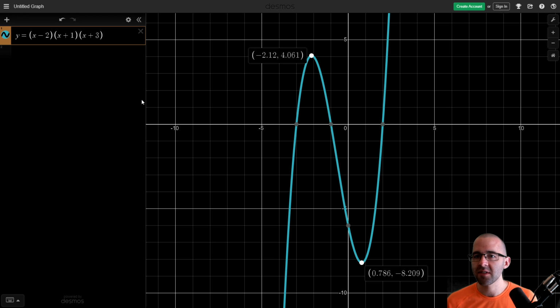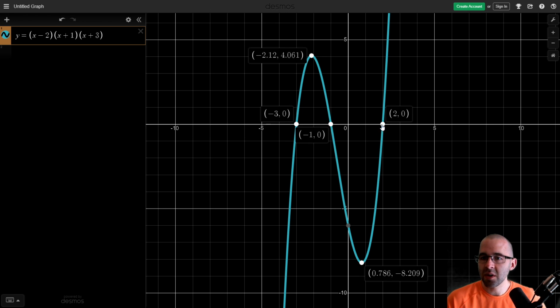How does this translate to this picture? A cubic polynomial, degree 3, has at most 2 turning points, and we can see that this one indeed has 2 turning points. It also says it has at most 3 x-intercepts, and again, we can see all 3. Now this doesn't always happen.